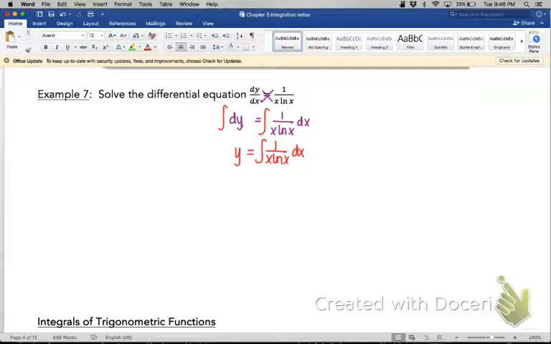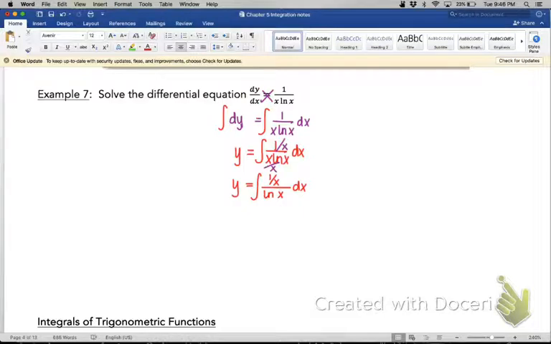But what I could very easily get rid of is the x in the denominator by dividing the numerator and the denominator both by x. So if I do that, what that leaves me with is y equals the integral of 1 over x over the natural log of x dx.